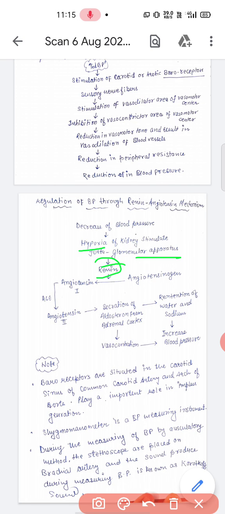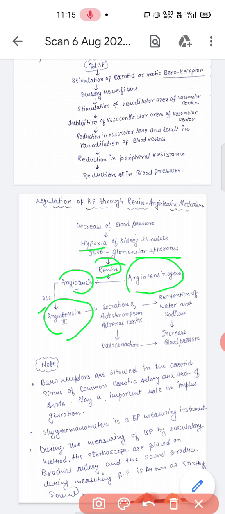Renin is a hormone released by the juxtaglomerular apparatus of the kidney. Renin acts on angiotensinogen, which is produced and secreted by the liver. In the presence of renin, angiotensinogen is converted into angiotensin I, and angiotensin I is converted into angiotensin II in the presence of angiotensin converting enzyme.